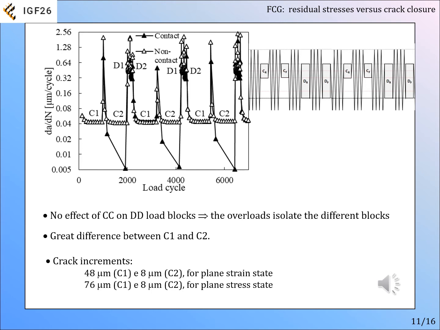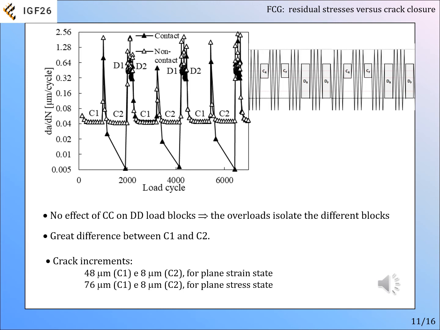Now we present similar results obtained for C and D load blocks. The ADN is higher for the C load blocks, which could be expected because the load range is also higher. The comparison with the results of the previous slide indicates that the introduction of C load blocks does not affect the ADN values obtained for D load blocks.